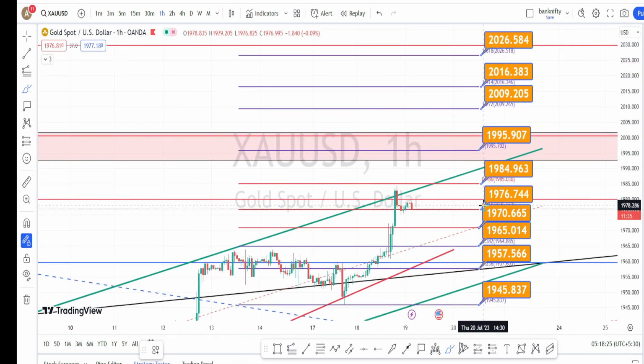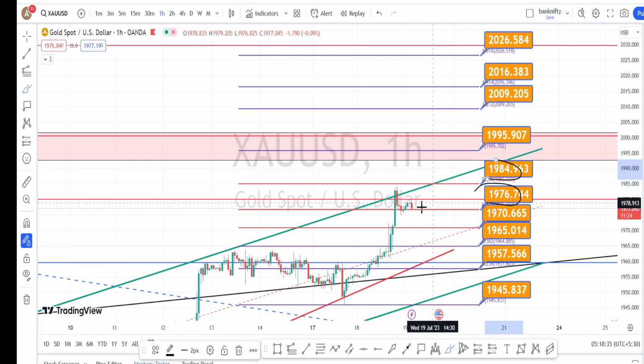So currently the price action is trading between the support level of 1976 and resistance level of 1984. Once the price action breaks the support level of 1976 and continues its bearish side retracement, the next levels of support are going to be around 1970, 1965, 1957 and 1945 on the bearish side.